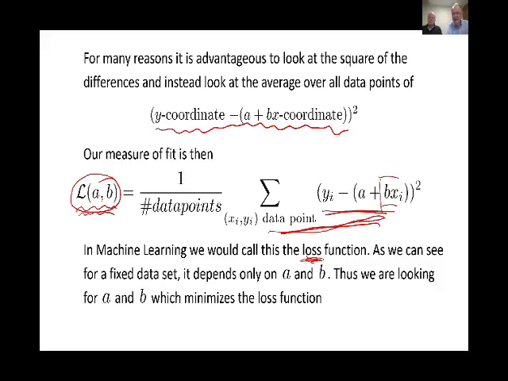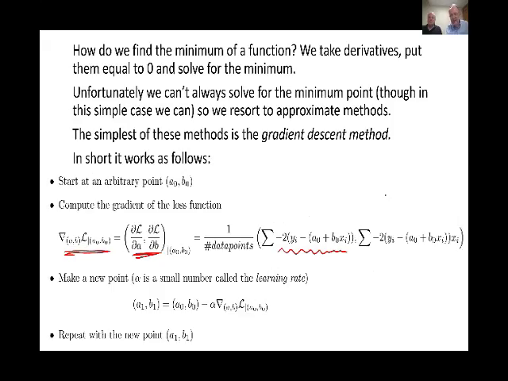So when we take the derivative of this with respect to B, we get an x out. So we can see that we get the same thing here, except it's multiplied by xi.